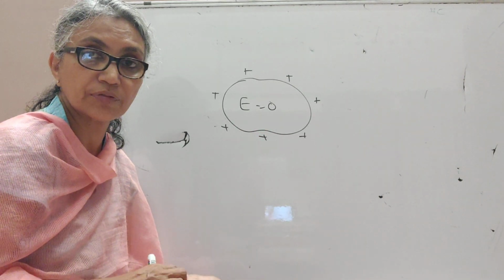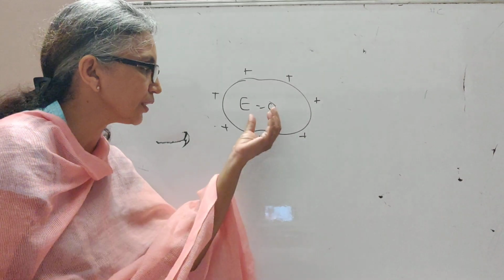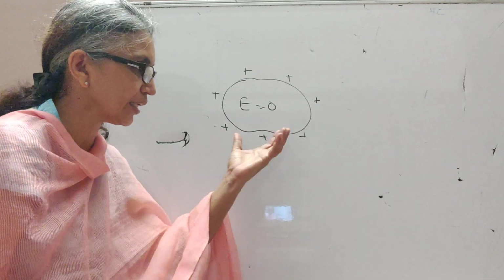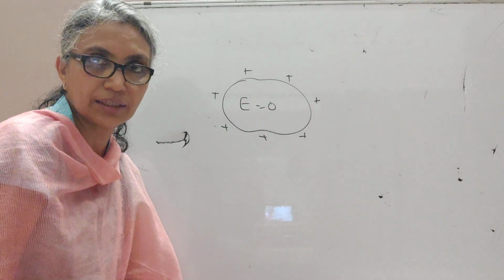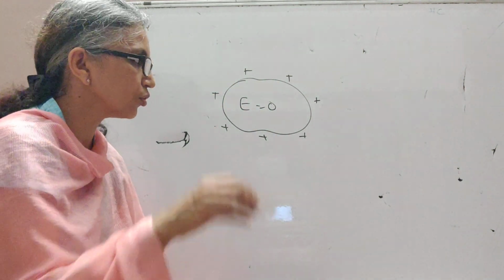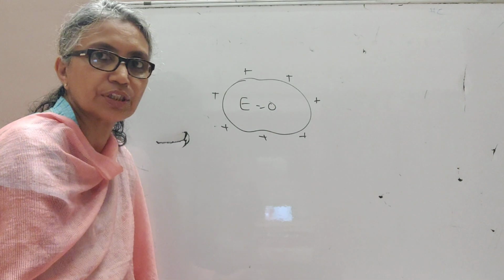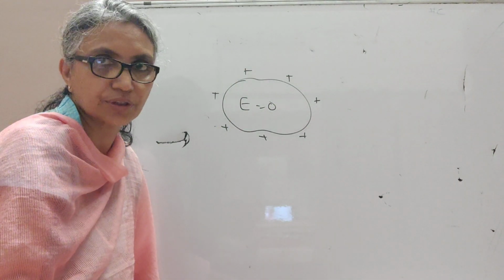So if you want to protect very sensitive electrical instruments, you may keep them inside the cavity of a metallic conductor so that they will be safe from all external electric fields, because inside the cavity there is no electric field. So you can protect your sensitive instruments by keeping them inside the cavity of a charged conductor.